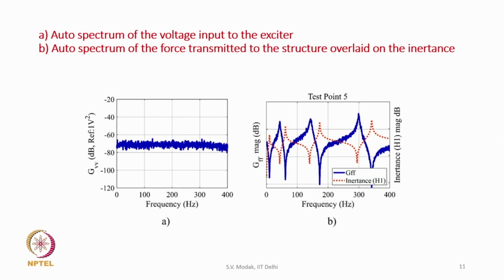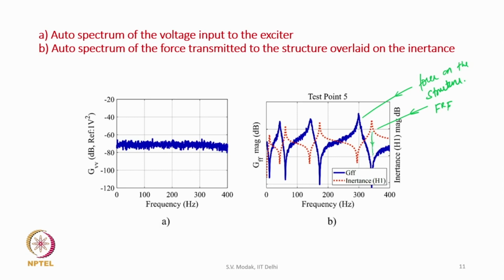On the right hand side now we see the auto spectrum of the force transmitted to the structure, shown in blue. So, you can see this is the force on the structure, okay, and the red one is the FRF of the structure which we measured. What we see is that where the resonances are, these are the structural resonances, right.